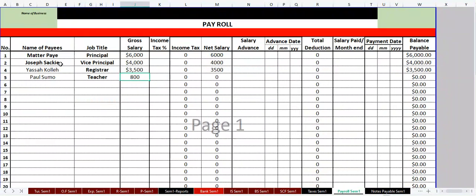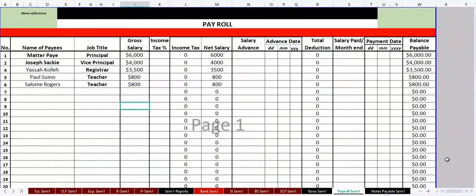Right. Then we have Salome Rogers, a teacher. Salome Rogers is also paid 800.